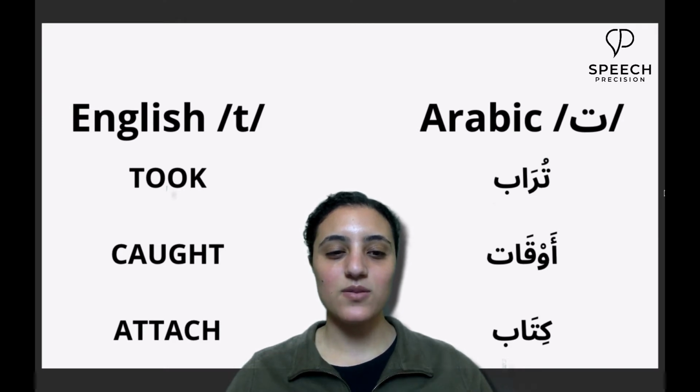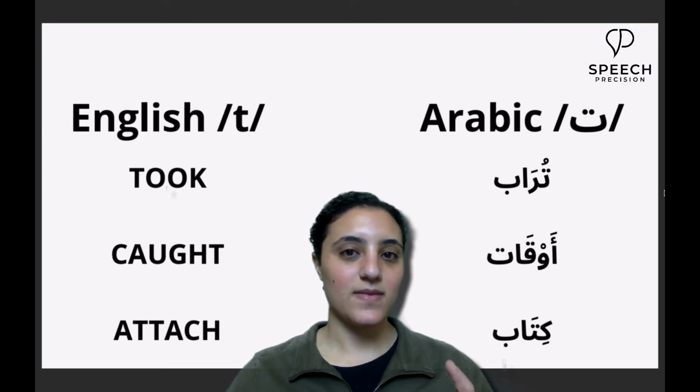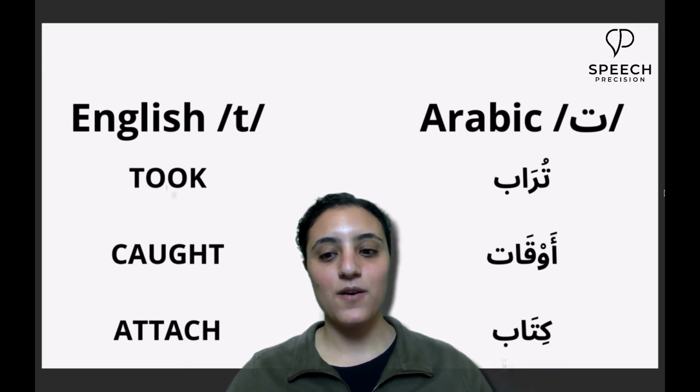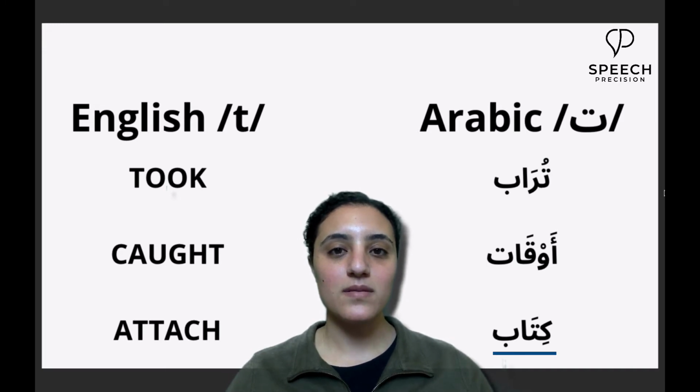Think about how the sounds are different. English, caught. Arabic, awqat. English, attach. Arabic, kitab. Okay, so think about what the differences are. We're going to talk about it.